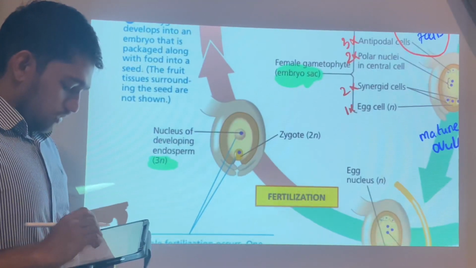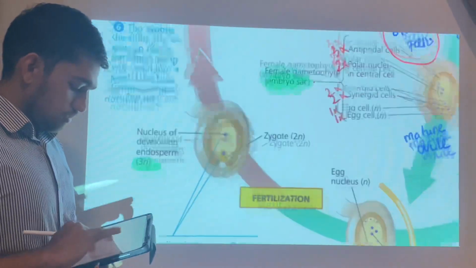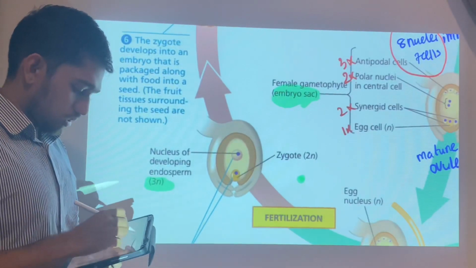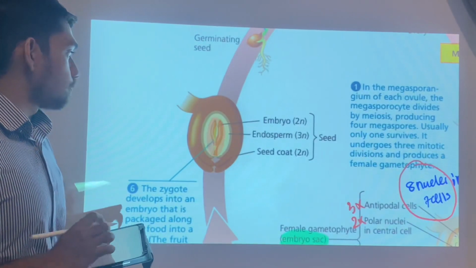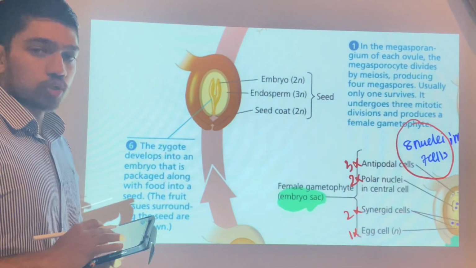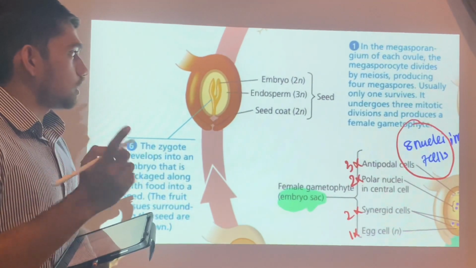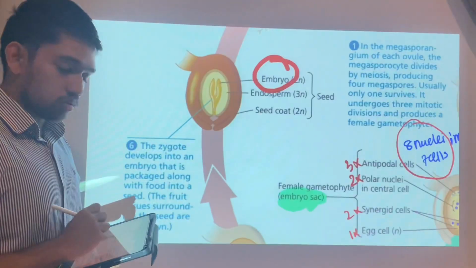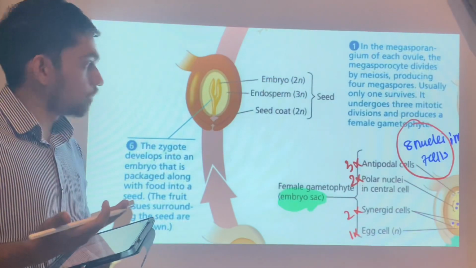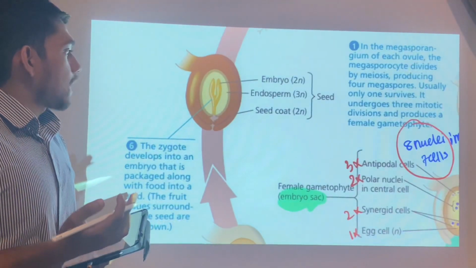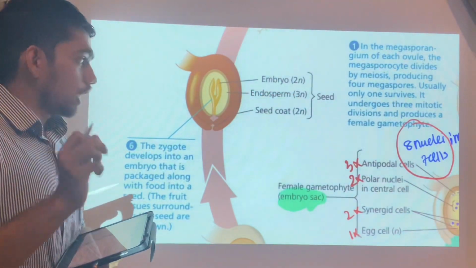So then the normal story: your fertilized egg will become a zygote. That zygote will become an embryo enclosed within the mature seed. The ovule has now become a seed. The seed contains a diploid embryo, endosperm, which is the stored food for the embryo, and the seed coat that was derived from the integument.